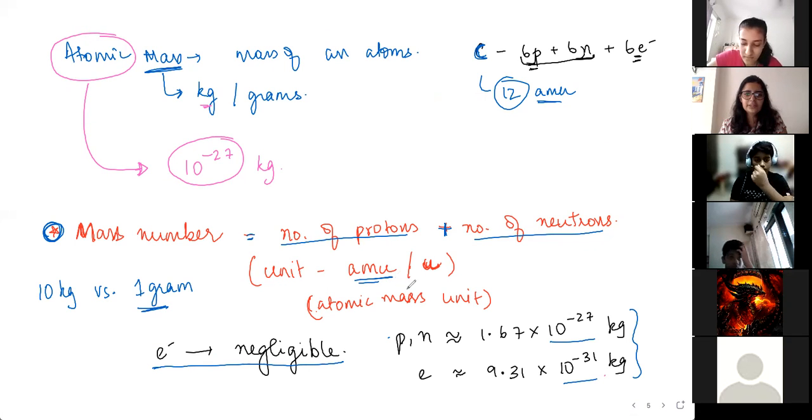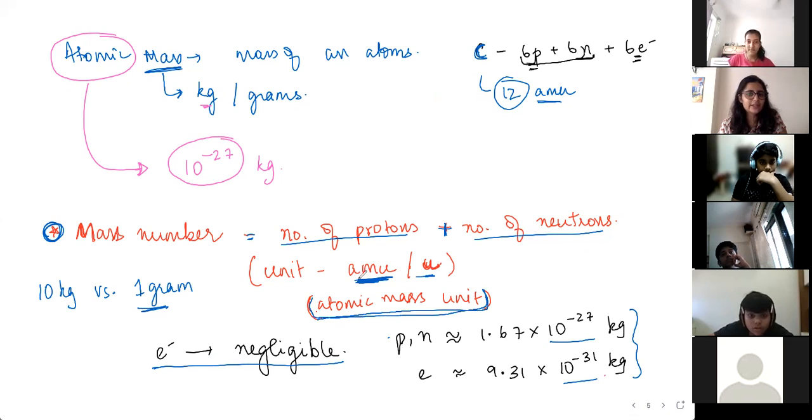So you measure them in terms of atomic mass unit, AMU, also U. This is the short form. The name of the unit is atomic mass unit, which you write as AMU. So if carbon has 6 protons and 6 neutrons, the mass of a carbon atom comes mainly from the protons and neutrons. So the total, 6 + 6, we have 12 protons and neutrons. Therefore the atomic mass of carbon, we say, is 12 AMU.